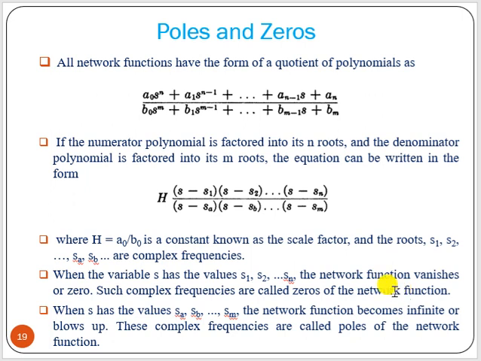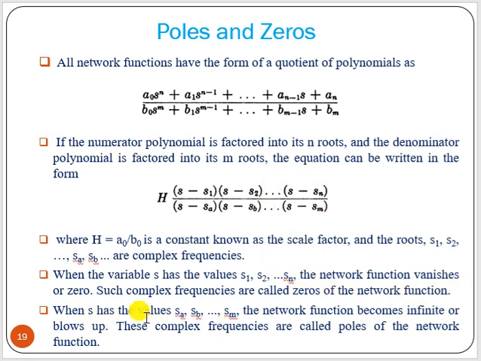Now similar thing, the two polynomials are factorized. Then for the variable s, when the variable s has the values s1, s2, up to sn, the network function vanishes or becomes 0. Such complex frequencies are called zeros of the network function.